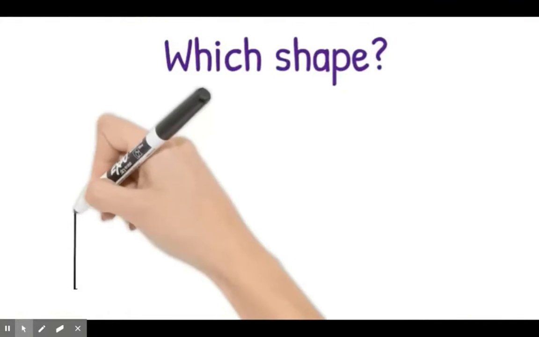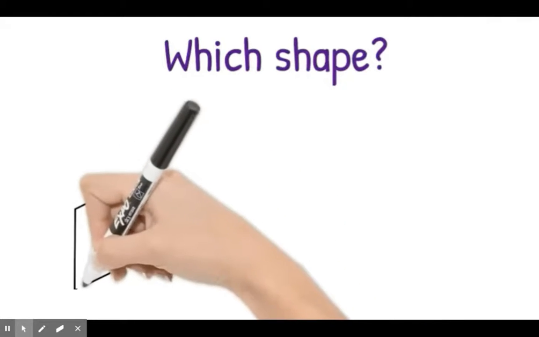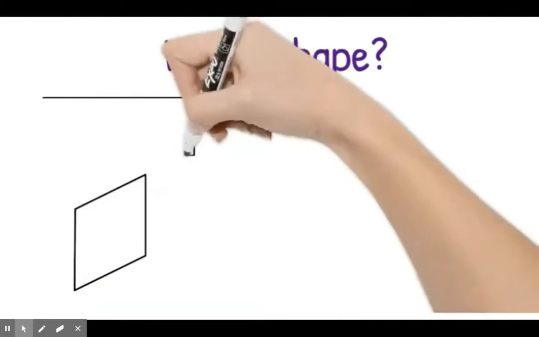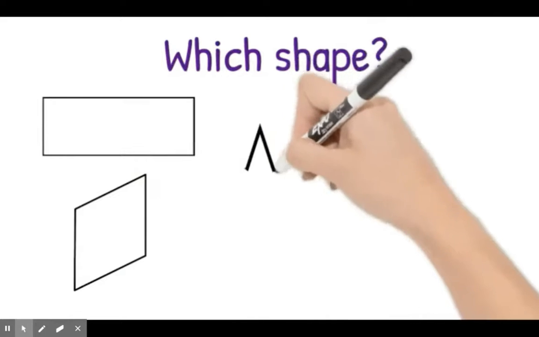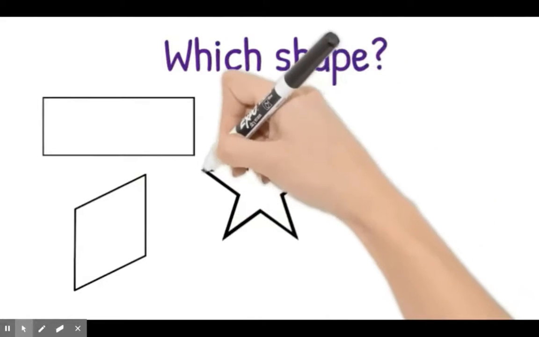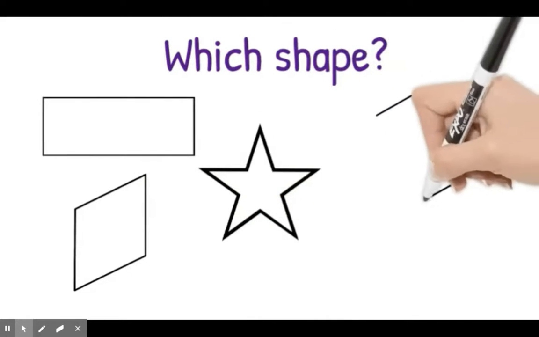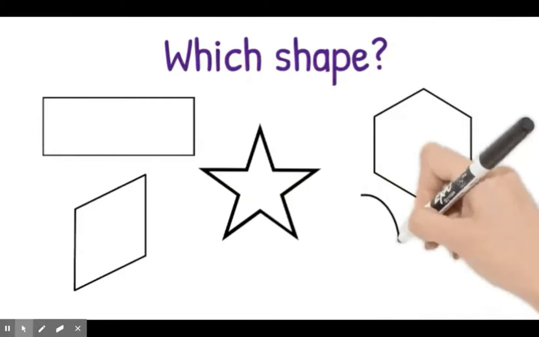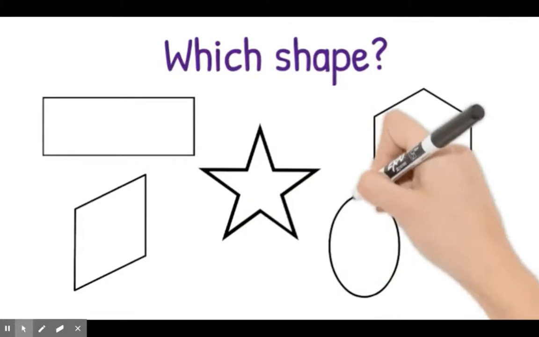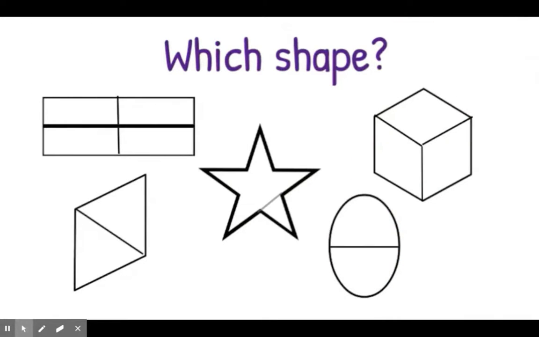Let's look at some other shapes. Rhombus, rectangle, star, hexagon, and oval. Let's add some partitions. Which shapes show two equal partitions? The rhombus and oval show halves.